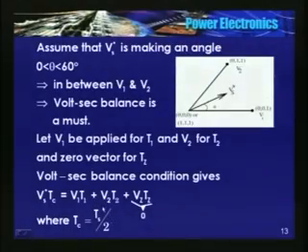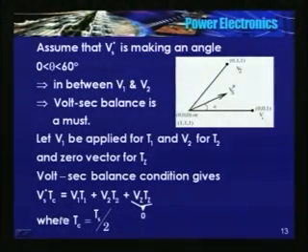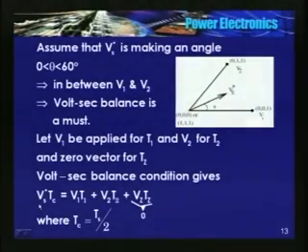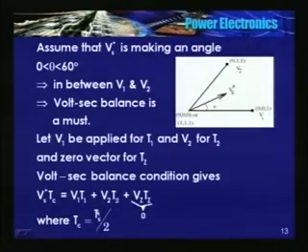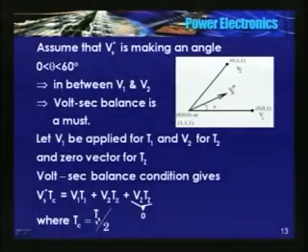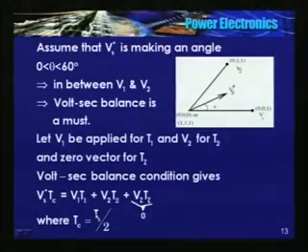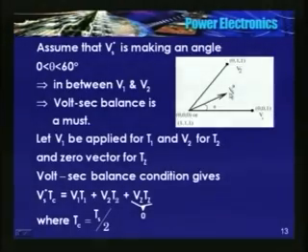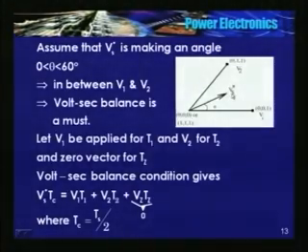We have assumed that Vs, the position as well as the magnitude, will remain constant during this time Ts. So during Ts seconds, Vs is at this position and is held stationary with constant magnitude.